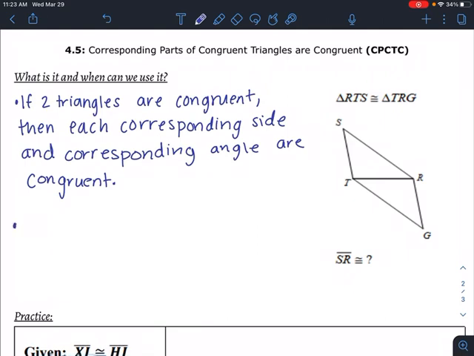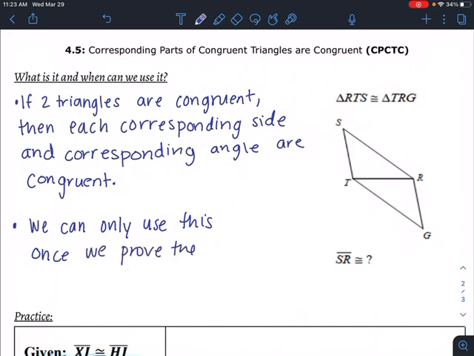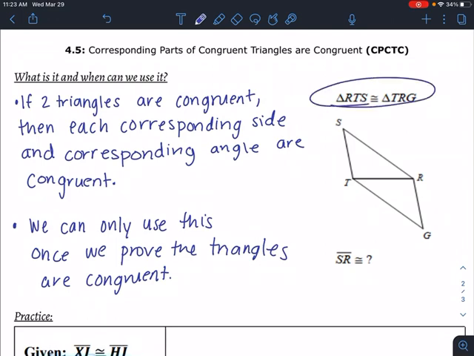We can only use this once we prove the triangles are congruent. That's the other main thing. Here, this is the given information.